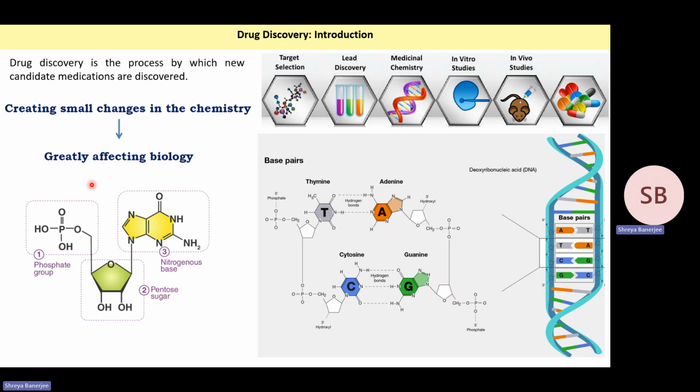Now, in drug discovery, the basic steps are, firstly, we select a target. We select either a protein that we want to target or DNA that we want to target. The next step is lead discovery, where we have an initial molecule which shows some basic level of binding with the target.